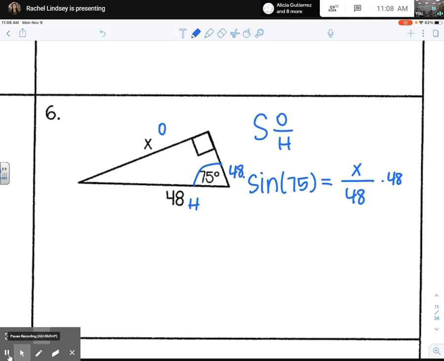And when you put that in the calculator, it gives you a fraction-style answer. That's not the answer I want. I want decimals, so you'll hit the little double arrow key. This little key. And it should give you X equals 46.4.